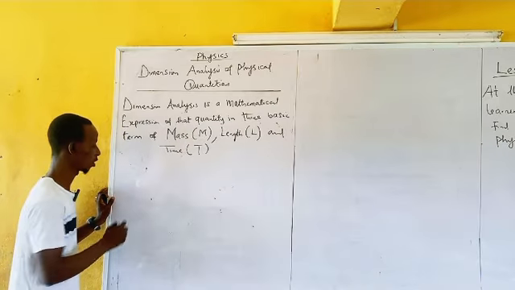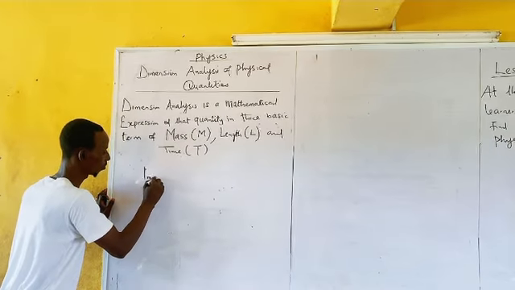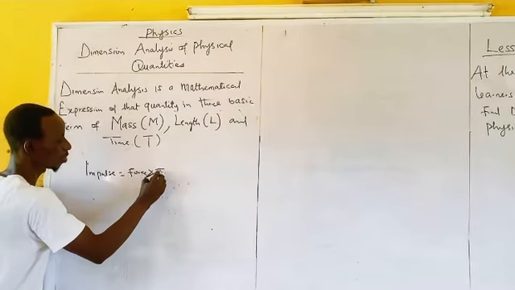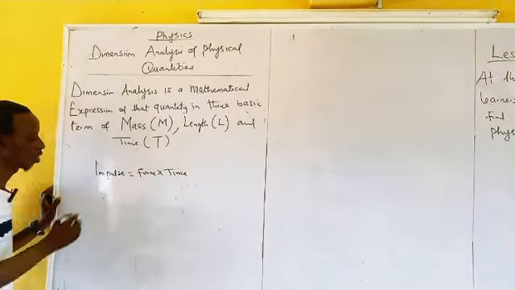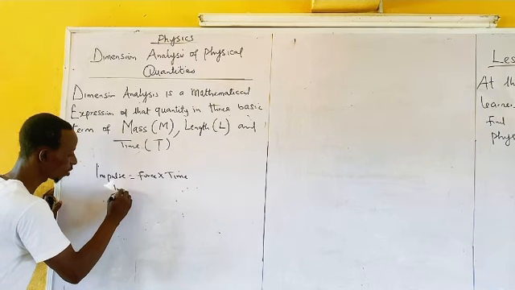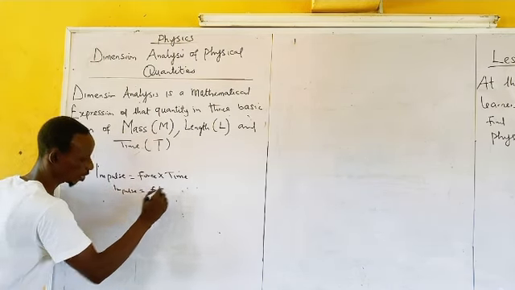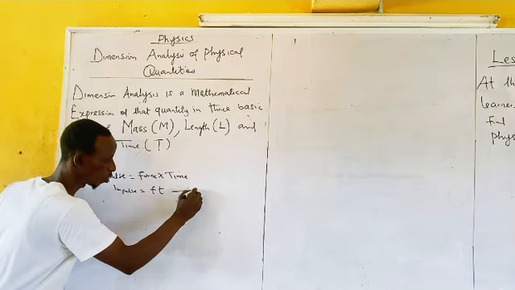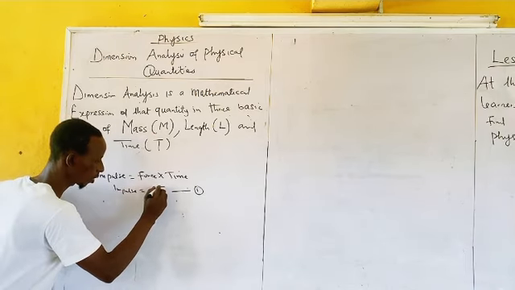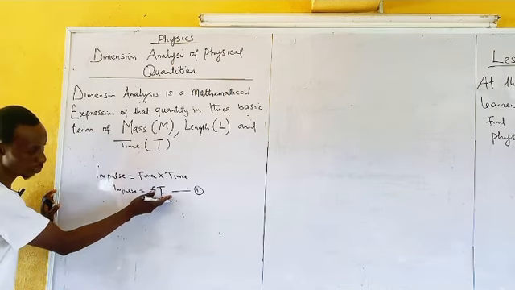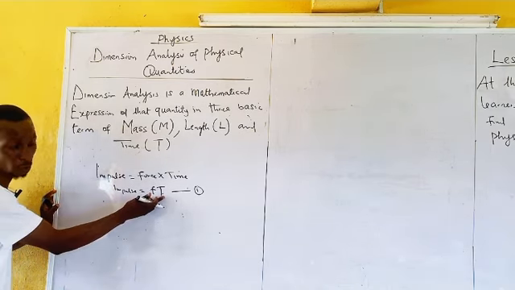Dimension analysis of impulse. Impulse is force times time, which is impulse is equal to Ft. Let's say equation 1. Now, we've seen what the basic term there is, which is t.